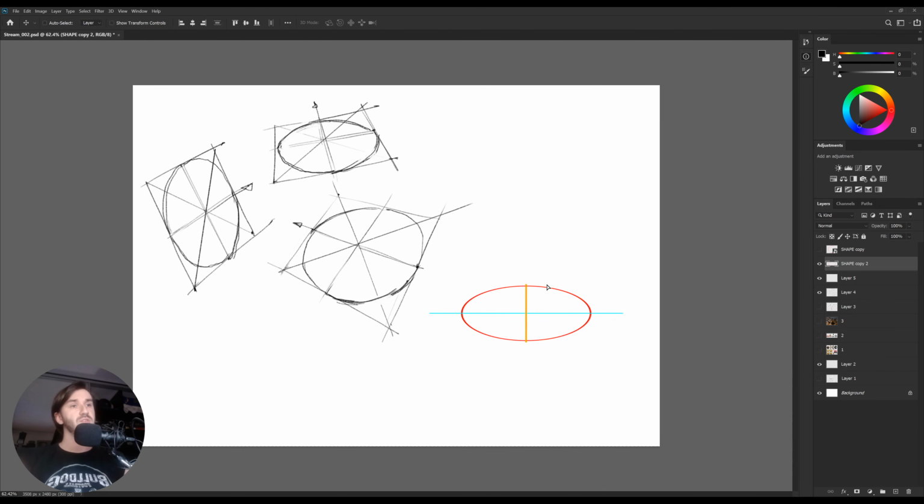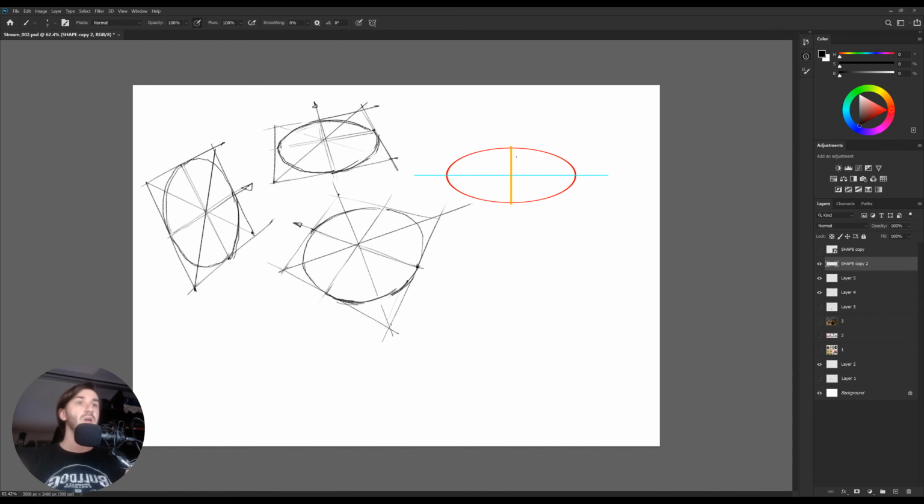So basically, for the terminology that you really need to know, this is the minor axis, or the short axis. It's actually easier to term it the short axis, and this will be the major axis, or as almost everybody uses, the long axis.